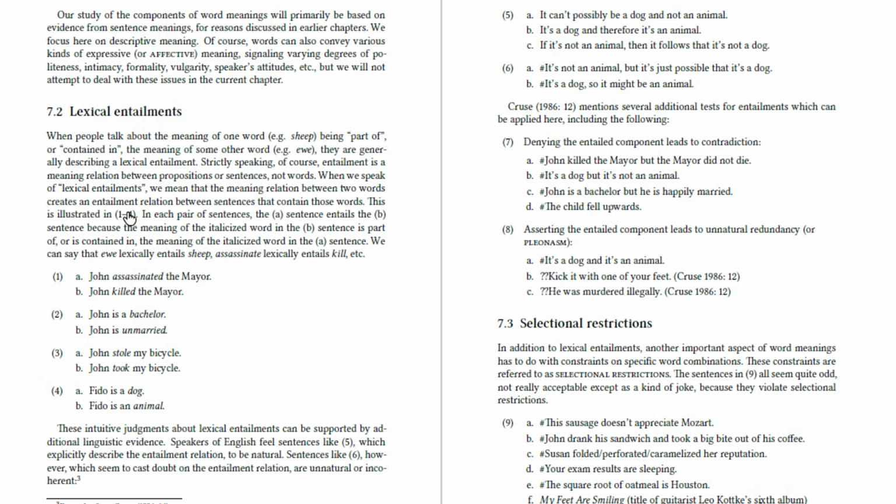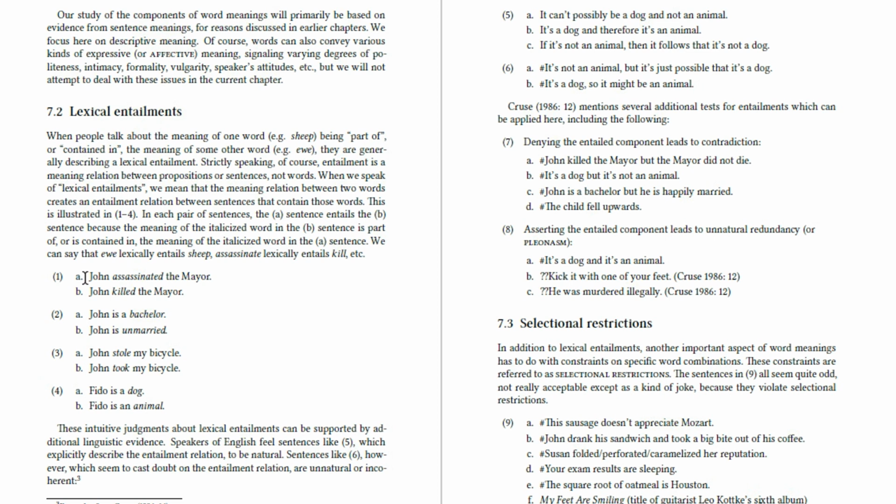So the entailment here, we have A and B. John assassinated the mayor, John killed the mayor. So both of them, two sentences, have the same entailment. It won't be a problem for the entailment.